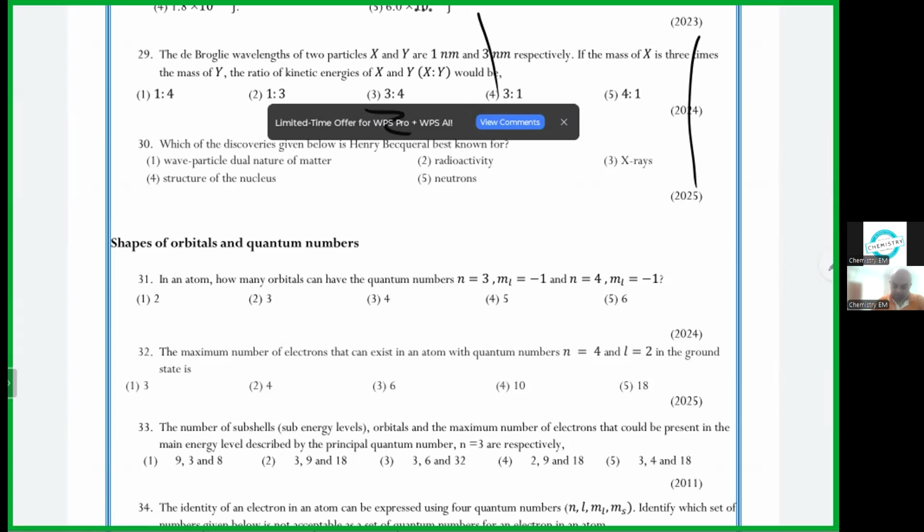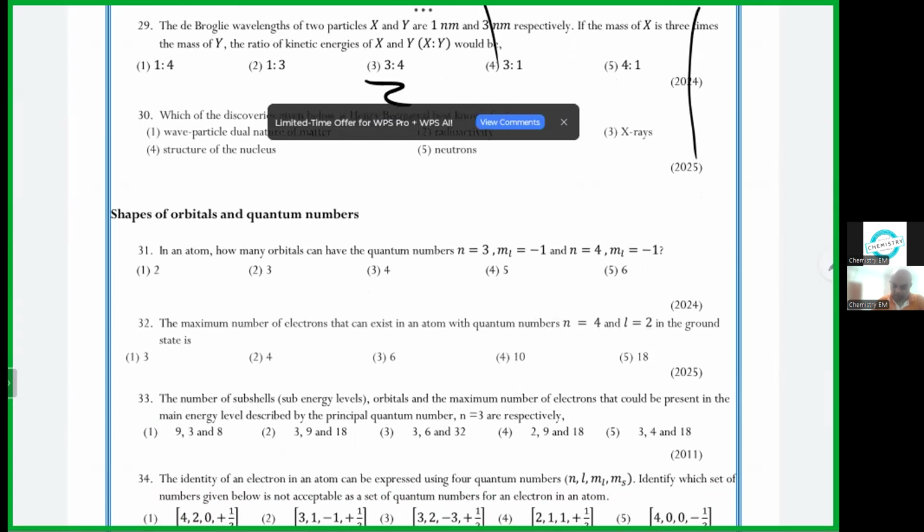Let's try to understand this 2024 question.